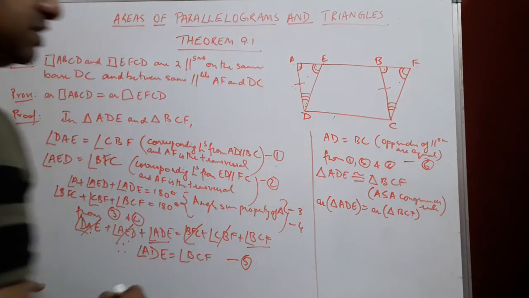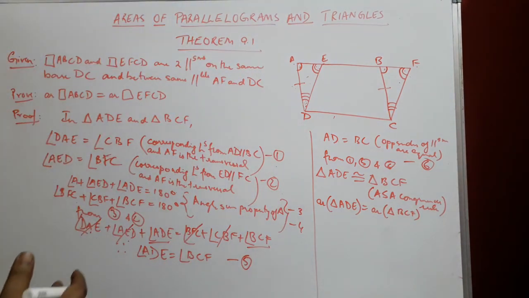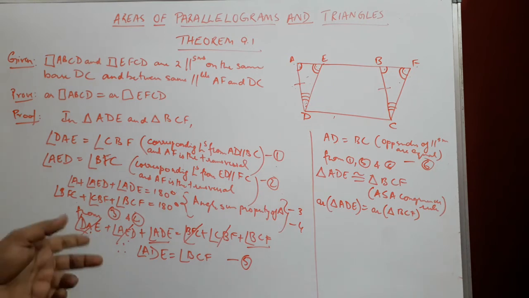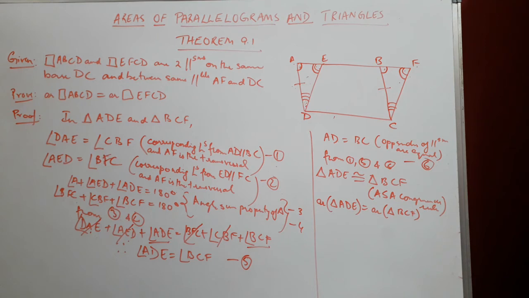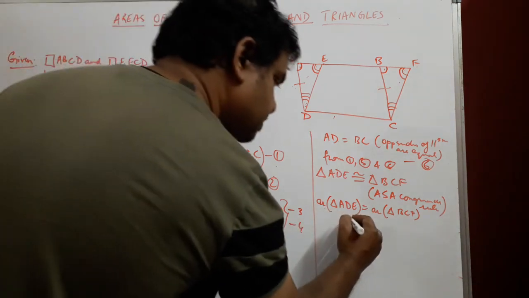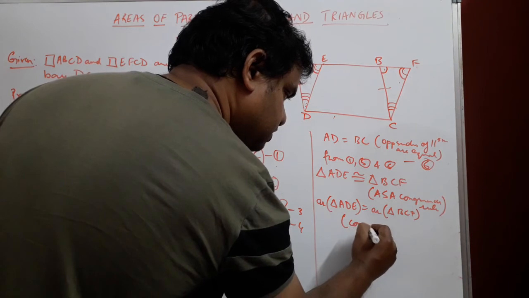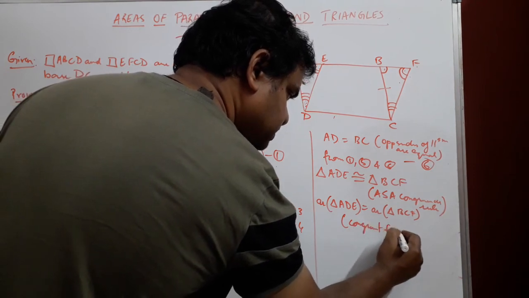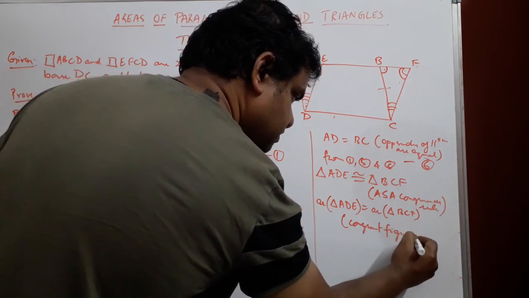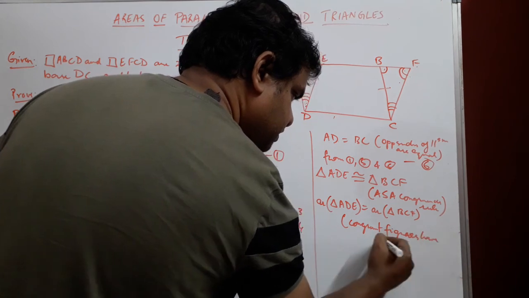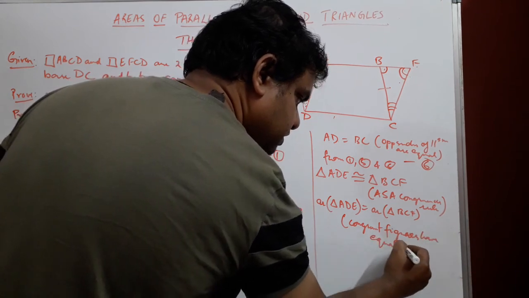In fact, it's not even CPCT, it's part of a theorem which says that if two triangles are congruent, their areas are equal to each other. So congruent figures have equal areas. So you can mention over here, congruent figures have equal areas.